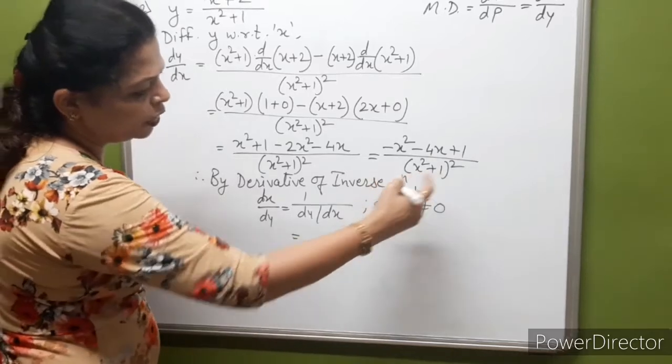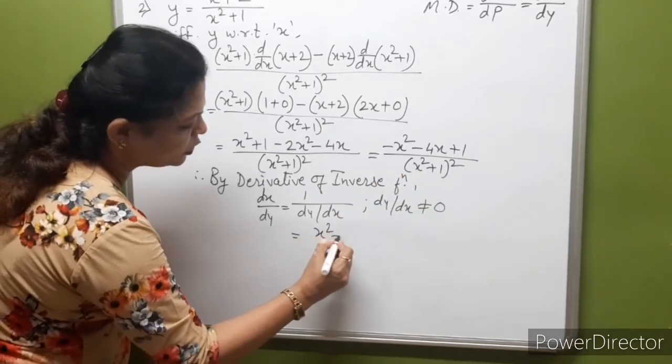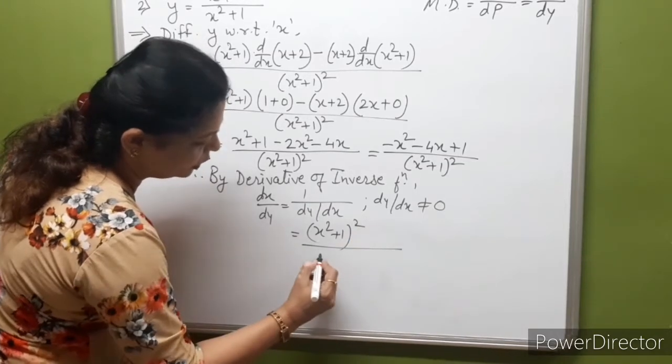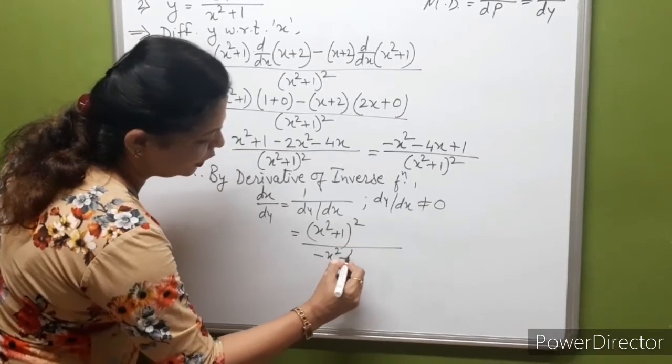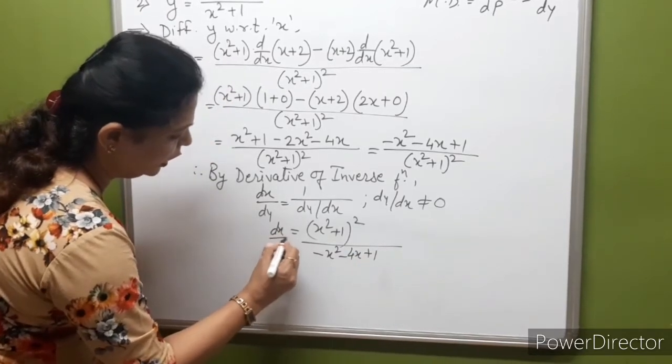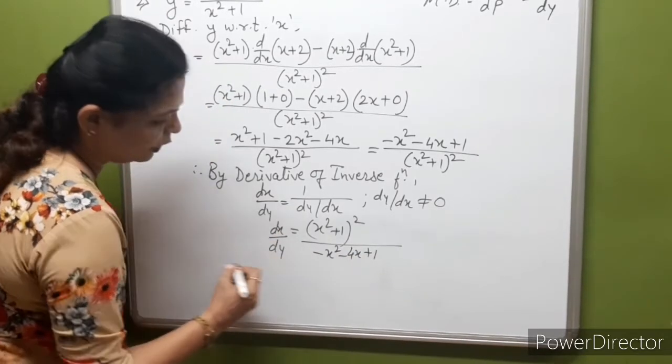So the reciprocal of this, we will get x square plus 1 the whole square upon minus x square minus 4x plus 1. This is your dx by dy.